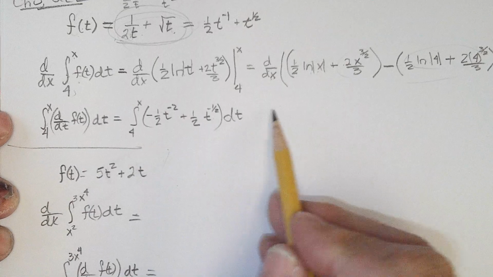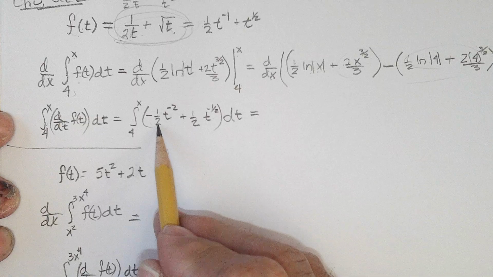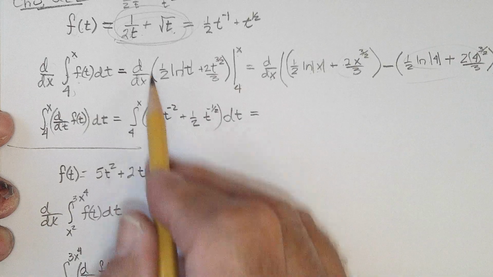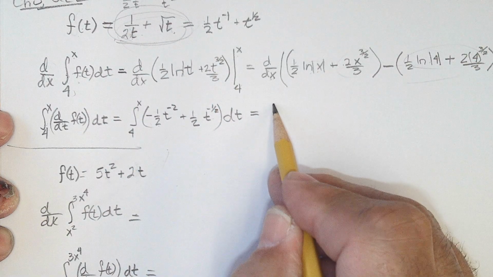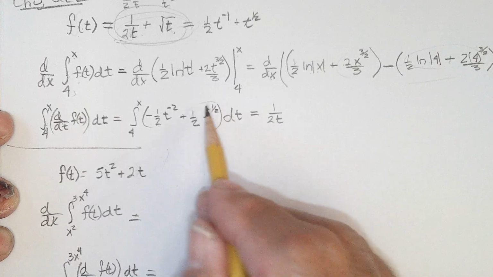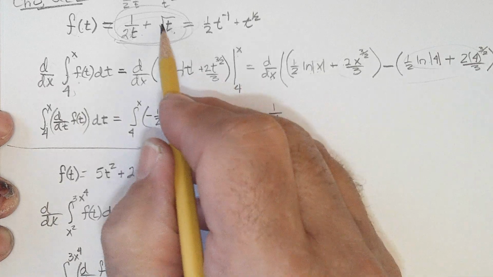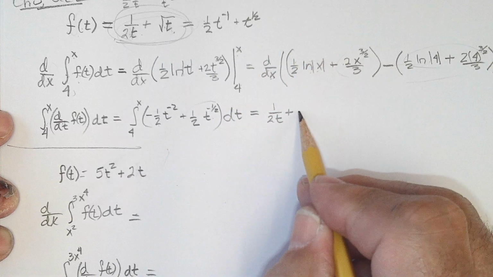And now I've got to integrate it. So if I integrate this, this is going to go right back to 1 over 2t. And if I integrate that, it goes right back to square root of t, or t to the 1/2.